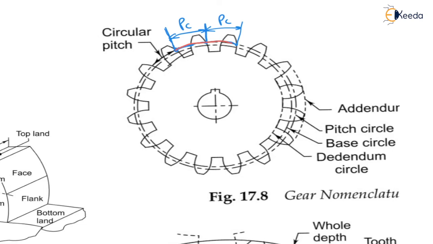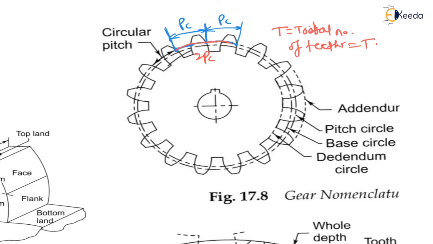This total distance is 2 PC, and in two circular pitches there are two teeth. This is tooth number 1, tooth number 2, and let us say the total number of teeth is T.